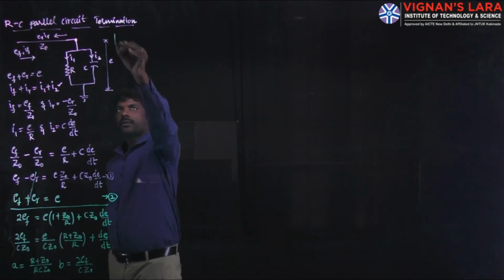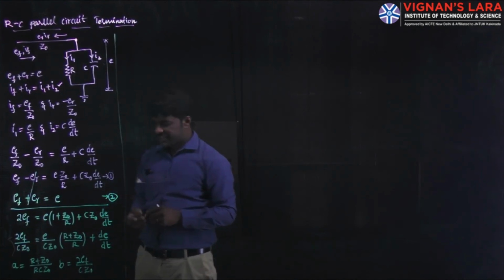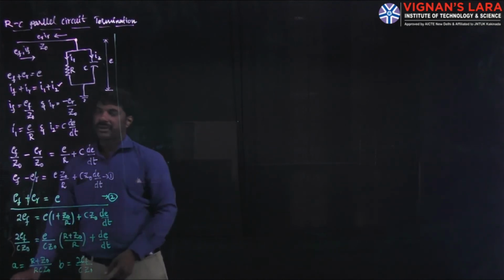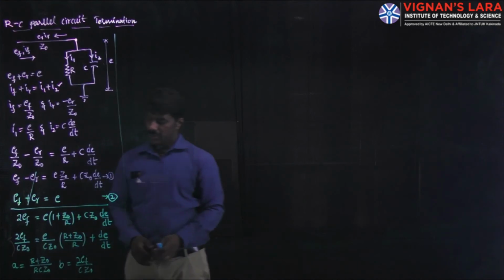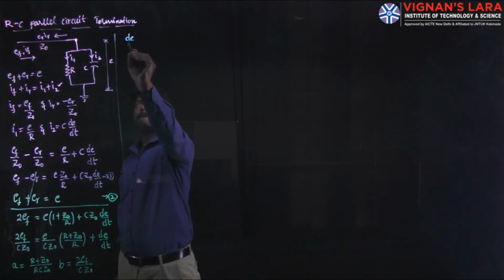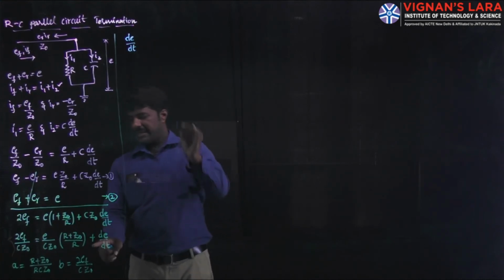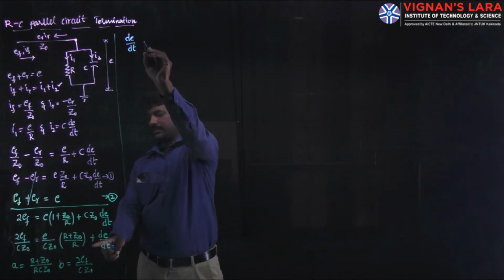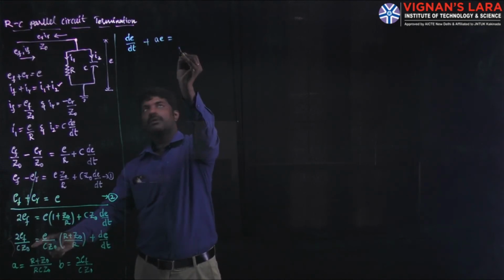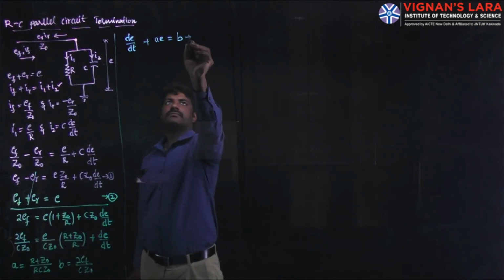Then we can rewrite that first order voltage differential equation as dE by dt plus AE is equal to B. Let it be equation 3.